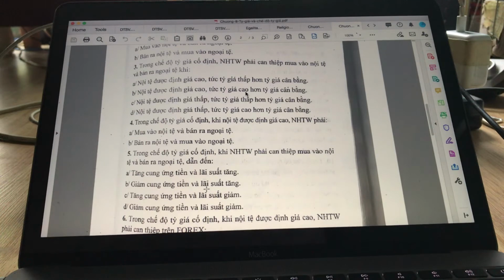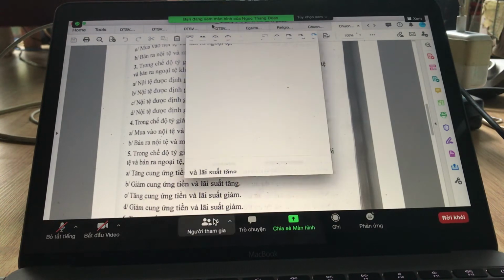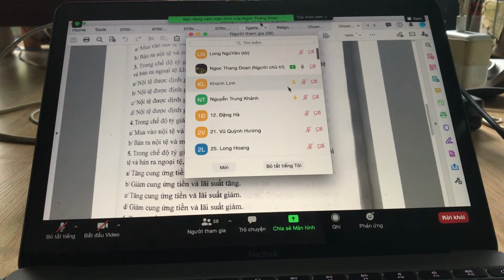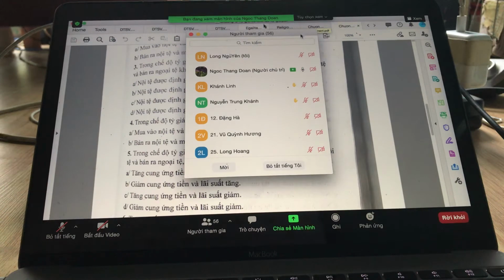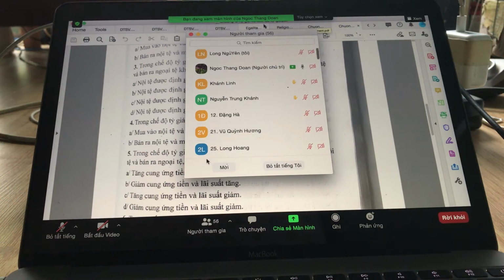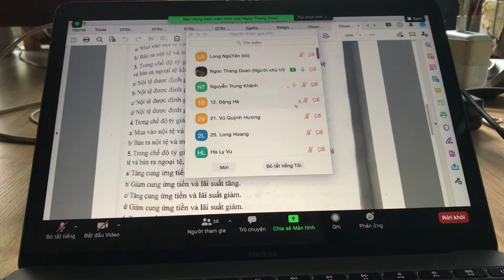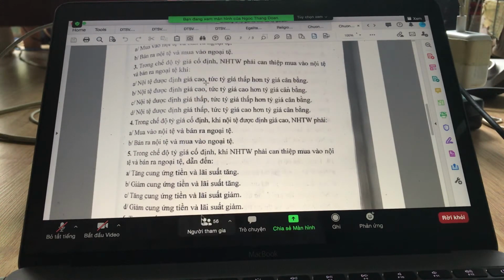My answer is B because the question is different. Okay, B, right? So it should be different from question 1, so it should be A or B, and your answer is B. Okay.